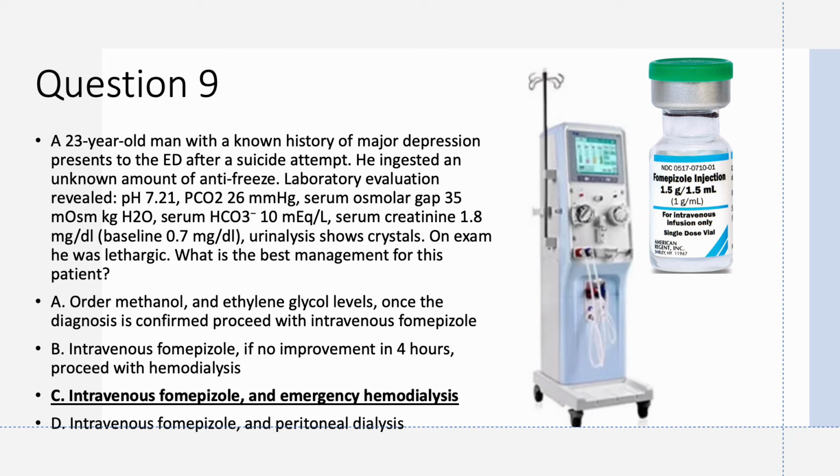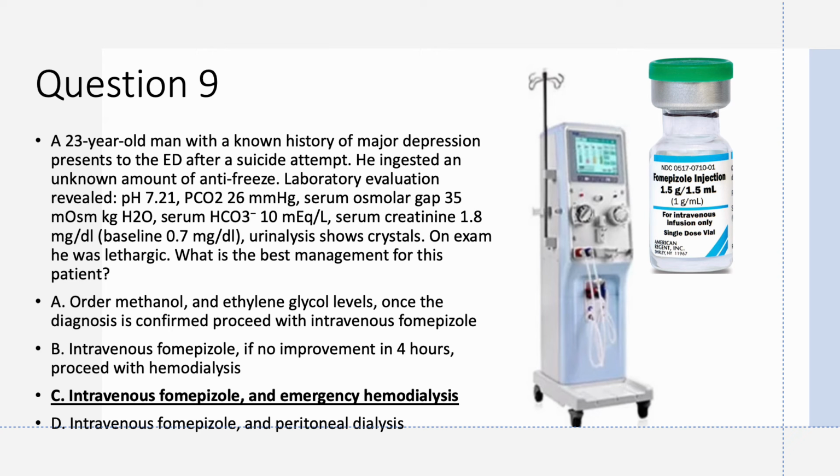So this case, clearly this patient has ethylene glycol toxicity. He ingested antifreeze. We have calcium oxalate crystals in the urine, and he has a big osmolar gap. His creatinine is elevated. His pH is low, bicarb is low, so we know that he has metabolic acidosis.